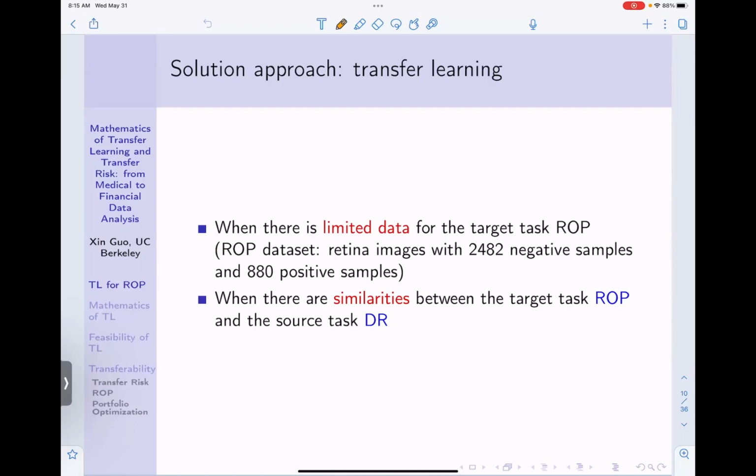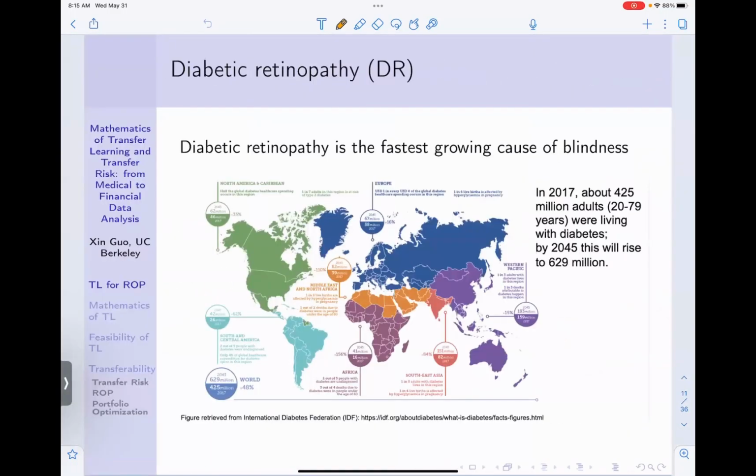Then we thought about another much better known disease, called DR. What is DR? DR is well known because of the huge population of people with diabetes. Diabetes affects hundreds of millions of patients globally, and about 10 to 15% of them also have an associated eye disease called diabetic retinopathy.